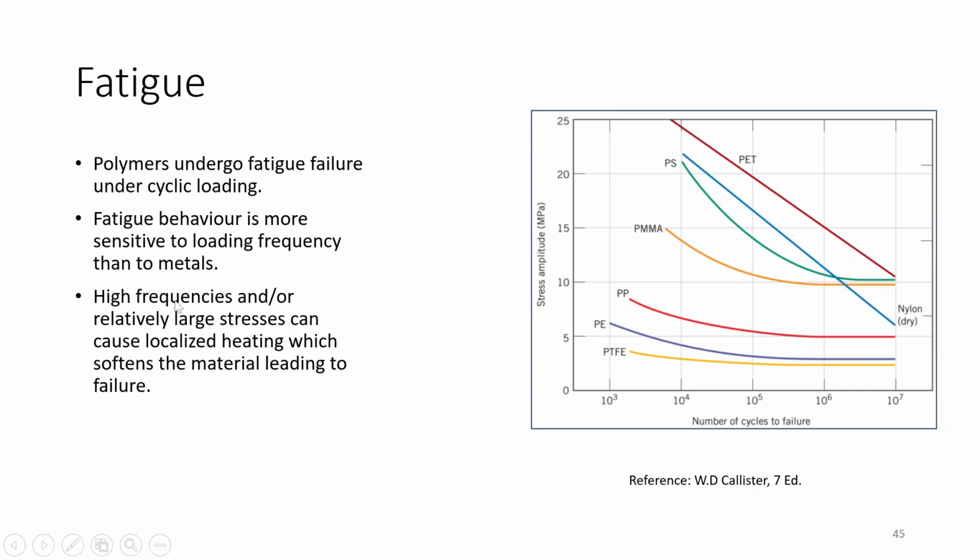In case of high frequencies and or relatively large stresses, it can cause localized heating which softens the material, leading to failure. These are the S-N curves for various materials. PET, nylon, PS, and PMMA show better results compared to PP, PE, and PTFE, which are some materials with poor fatigue performance.